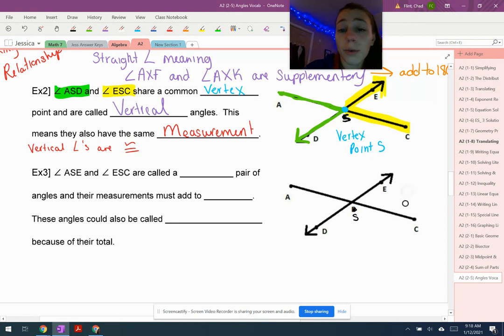So we know that, for example, if the measure of angle ASD is 36 degrees, then that tells us that the measure of ESC must also be 36 degrees because they have the same measurements.